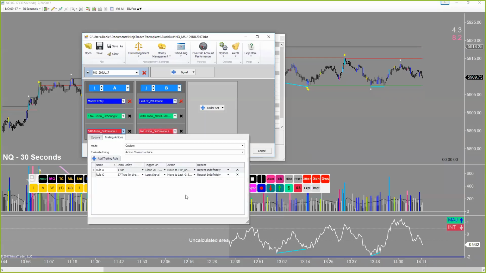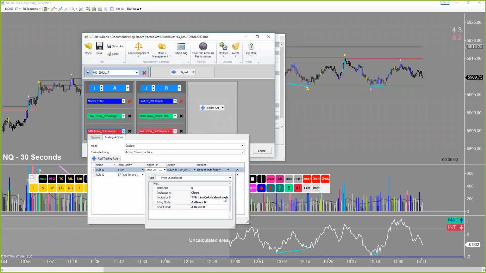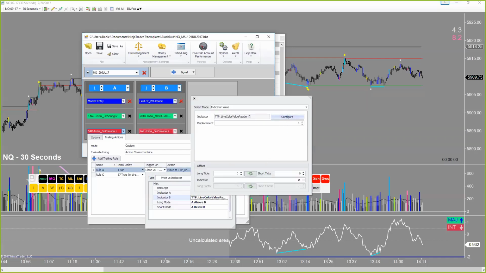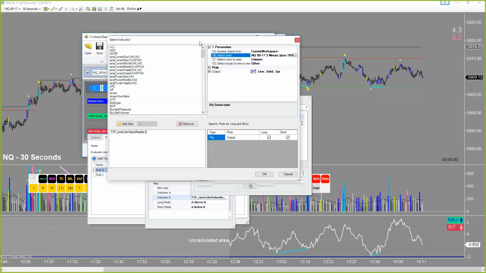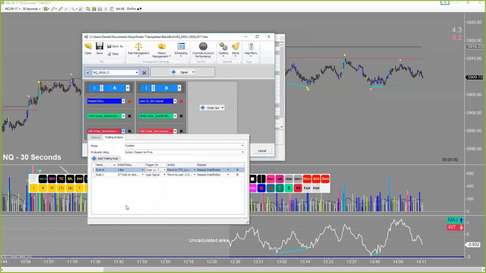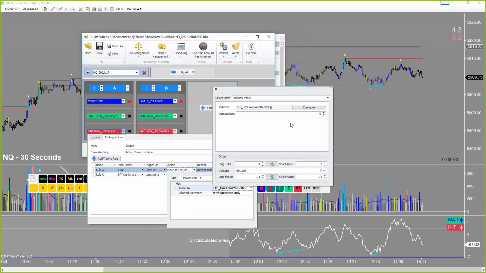This is the same type of thing. We're looking for that crimson line on the 3-minute chart, and once we see it, we're attaching the order right behind that line here.